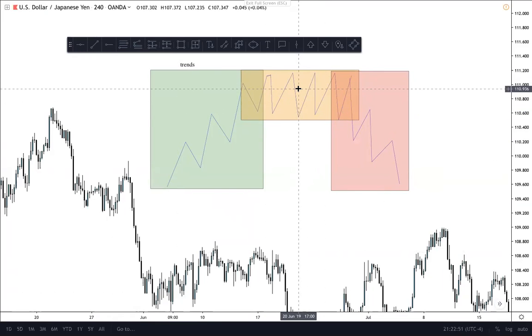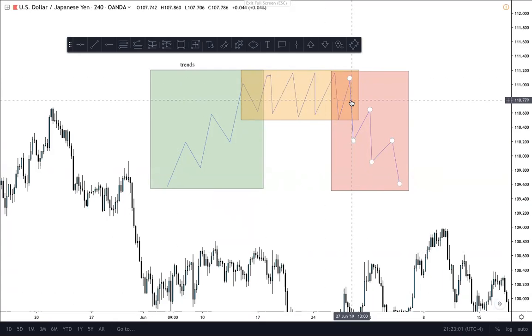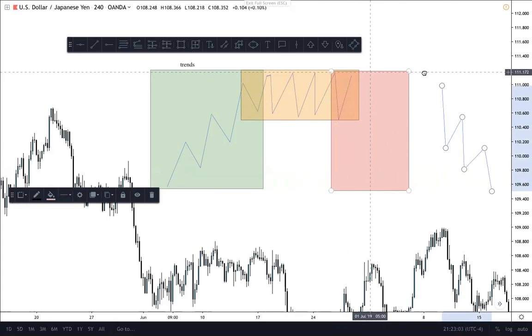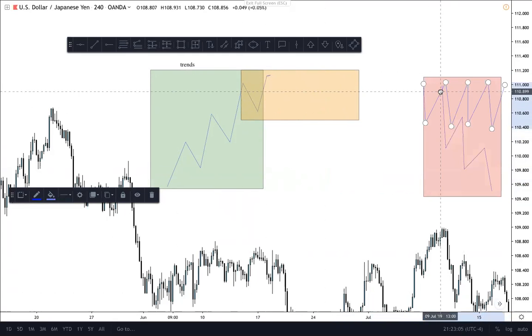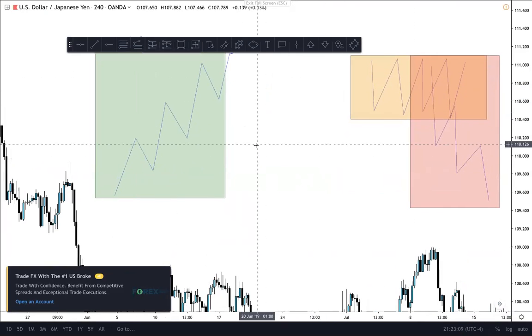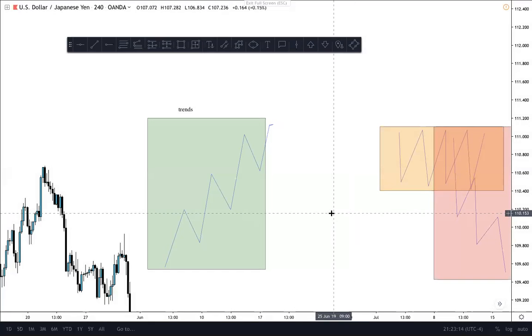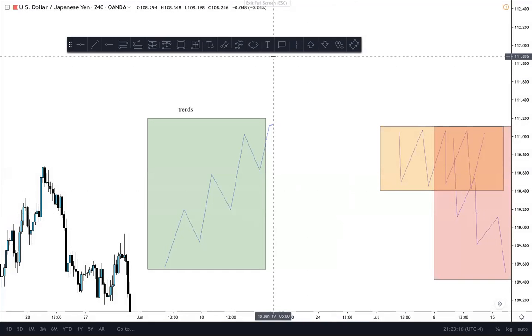It might seem simple right now, but it's not as simple as it looks to be able to identify the trends, right? So I'll just show you the characteristics of an uptrend. Now, pay attention to this part. The uptrend is made up of several parts.